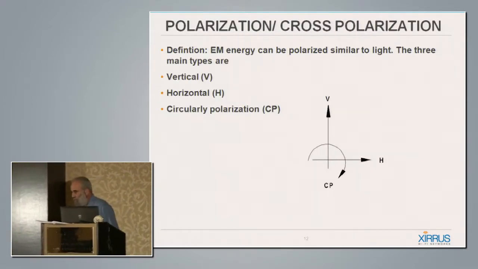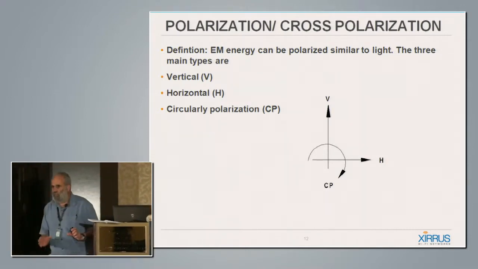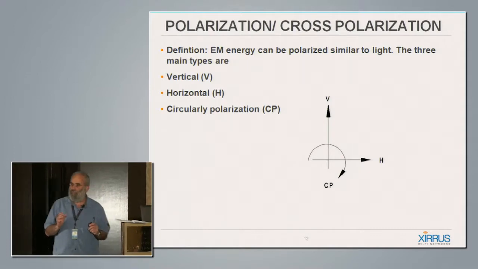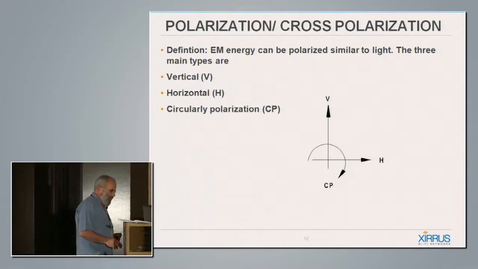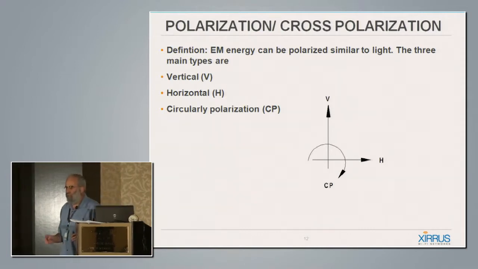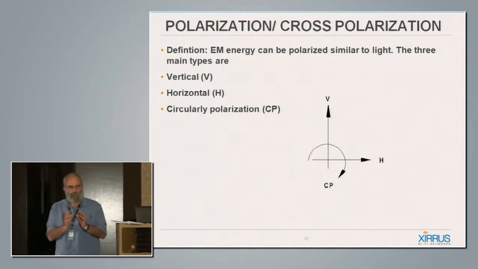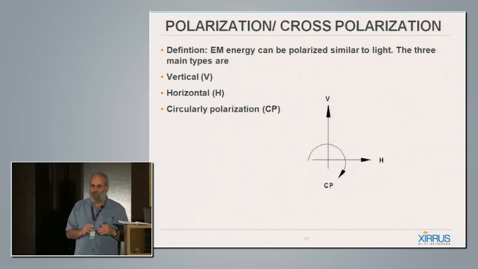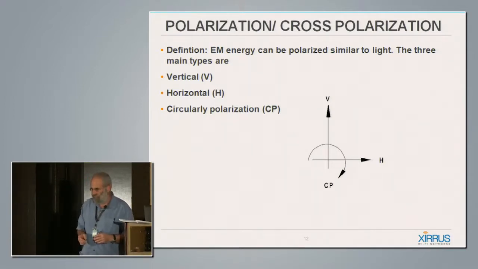And polarization. That's an important term, and many people skip over it. And why is it so important? Most of the time when we talk about polarization, people are not even aware what polarization the antenna is.